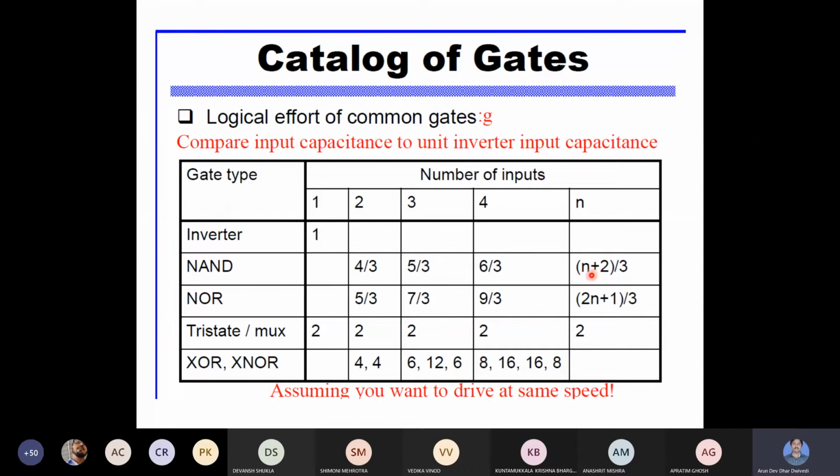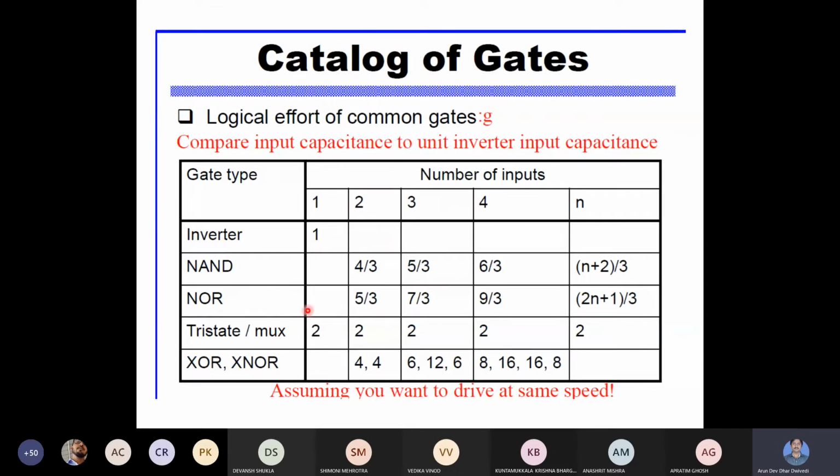If 2 inputs, then (2 plus 2) by 3, 4 by 3. If 3 inputs, (3 plus 2) by 3, 5 by 3. For 4 inputs, (4 plus 2) by 3, 6 by 3. So the generalized formula is more useful, and from that you can find the NAND gate logical effort for different inputs.